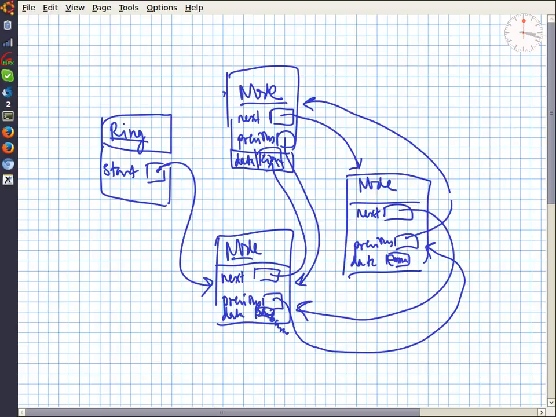About 2/3 of them had start pointing to the first element and not the last one. About 1/3 had start pointing to the last one. And I think it's fair to say that just about everyone who got that part right also got the rest right.